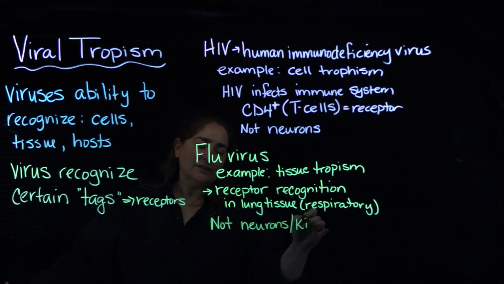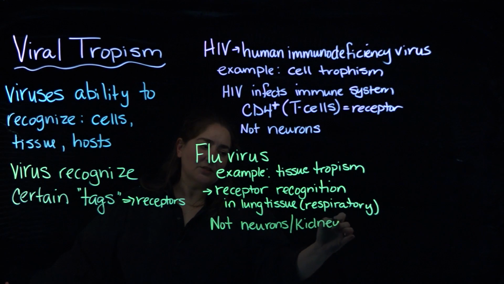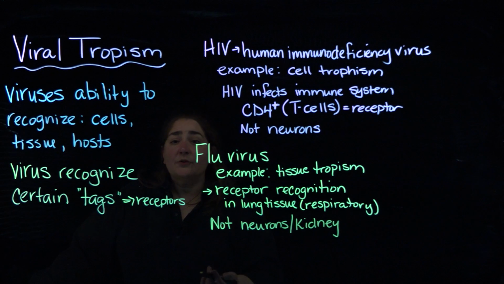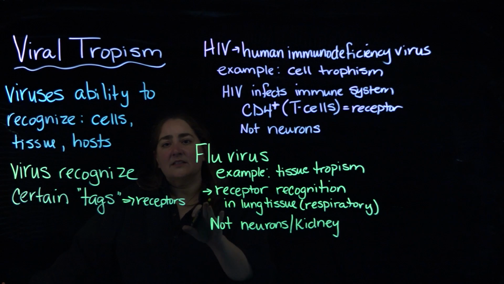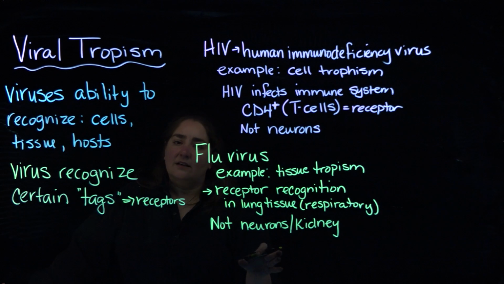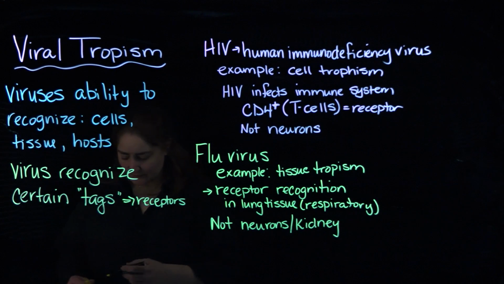And I can use a different example here too, so you think I'm not just picking on the brain. But there aren't receptors for the flu virus associated with the kidney. So the tissue tropism for the flu virus is it infects a specific tissue type, and doesn't infect other tissue types, okay?